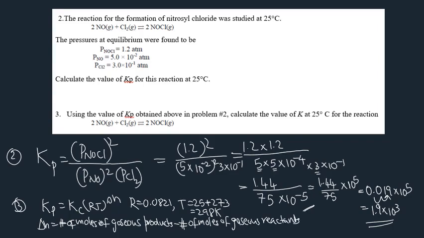So that means I have 2 on the right side, that is the product, 2 as the coefficient, minus 3 on the left side, 2NO and 1Cl2. So that will give me -1, and then substitute. I'll go to the next slide. When you substitute, we can get Kp equal Kc.